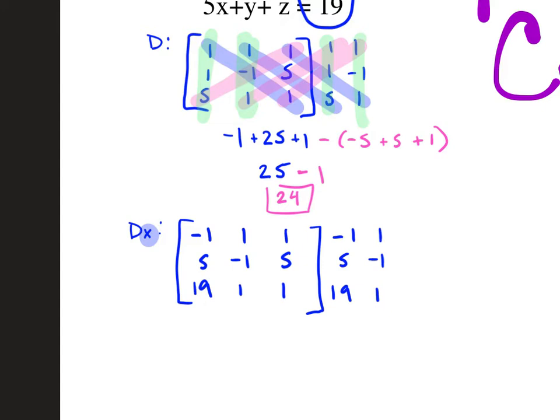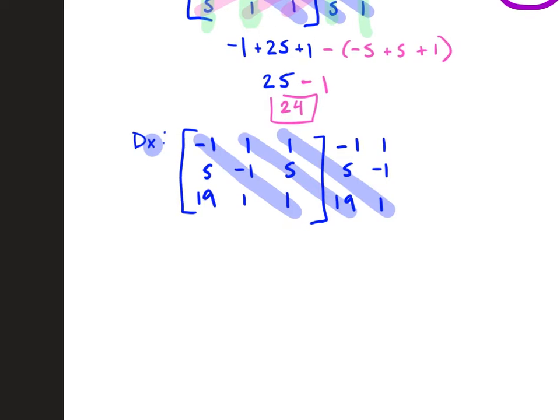So just like before, we have to find the sum of our majors minus the sum of the minors. So our majors are these three diagonals. So we have negative 1 times negative 1 times 1, which would give us what? Positive 1.